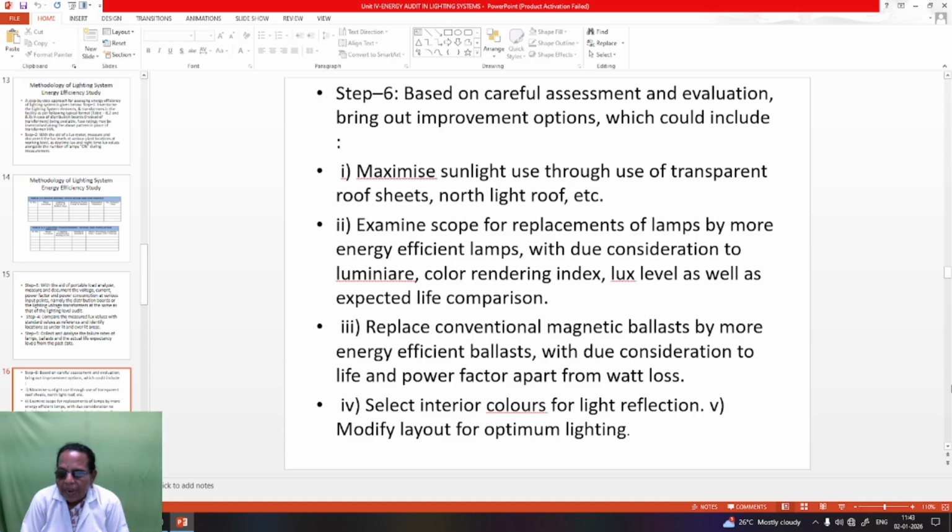Replace conventional magnetic ballast by more energy efficient ballast, with due consideration to life and power factor apart from watt loss. Select interior colors for light reflection. Then modify layout for optimum lighting.